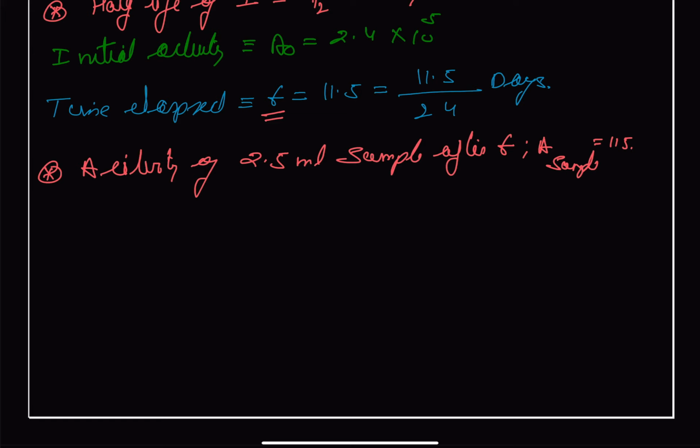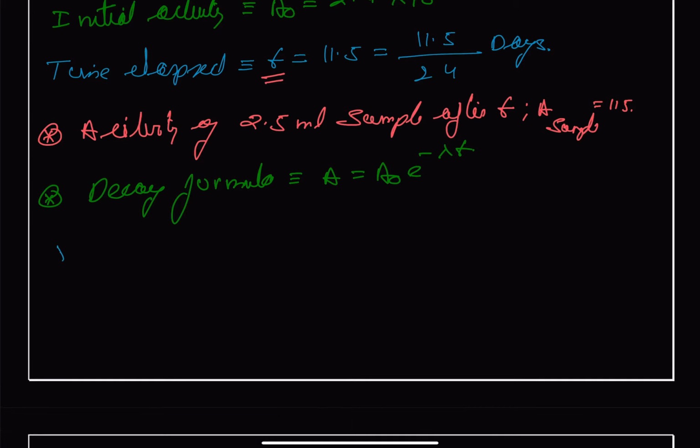So we start with the activity decay formula, which gives us that A is equal to A naught e raised to power minus lambda t. Lambda is our decay constant, and its formula we already know.